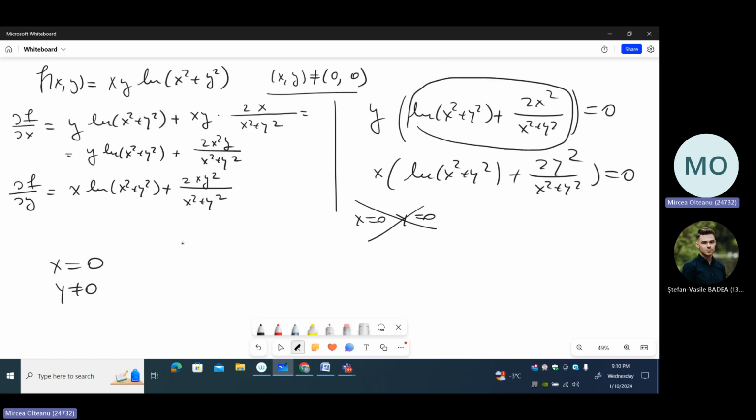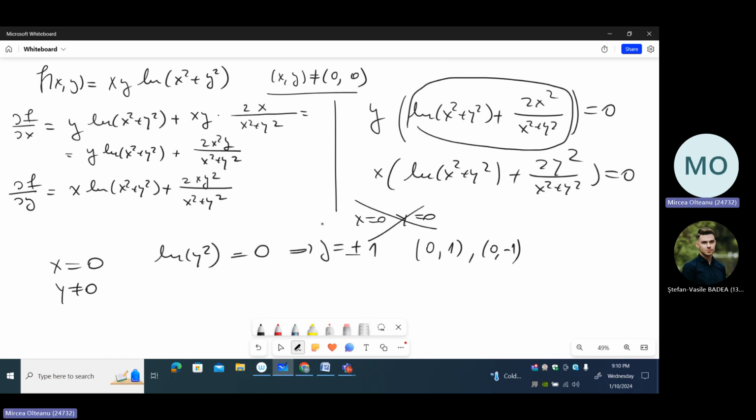And if we put here x equals 0, we have logarithm of y squared equals 0, which gives us y equals plus and minus 1. So we have 0, 1 and 0, minus 1.